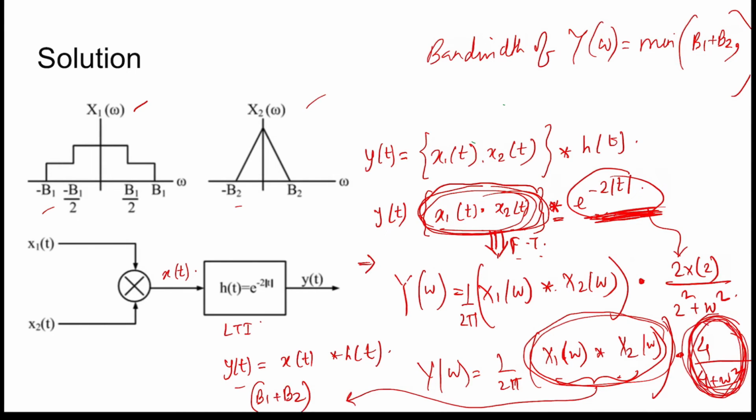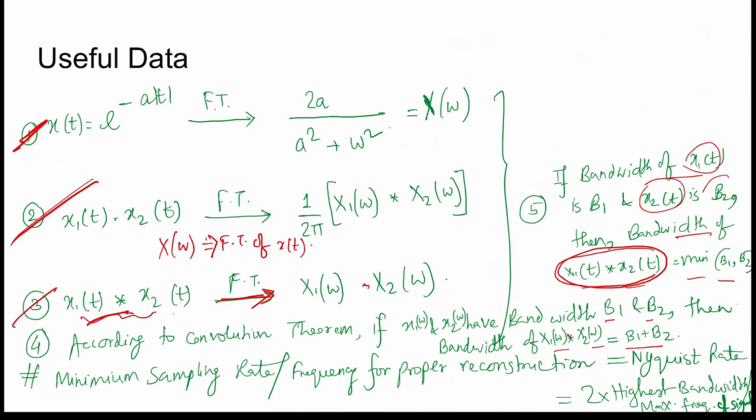This signal is not band limited because it exists for all values of omega, hence its bandwidth is infinity. B1 plus B2 is definite, so the minimum of B1 plus B2 comma infinity will become B1 plus B2. So the bandwidth of Y(omega) is B1 plus B2.